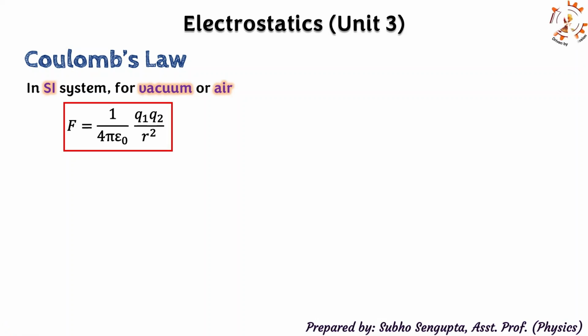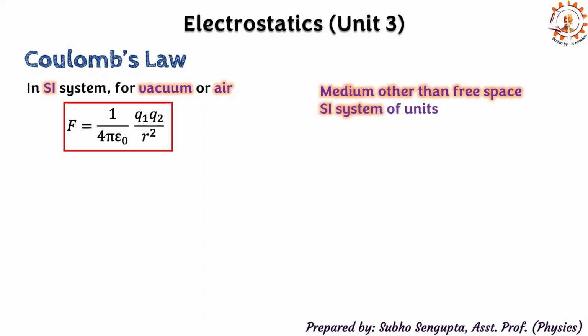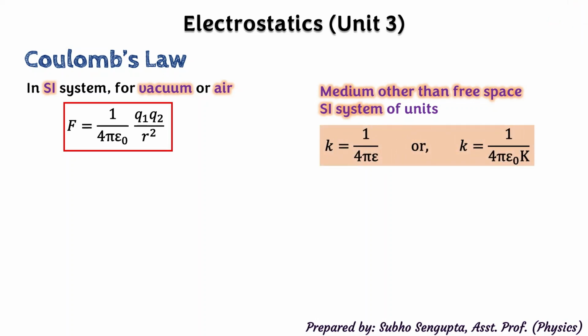When the 2 point charges are situated in a medium other than vacuum or air, and the SI system is chosen, the Coulomb constant k can be expressed in the following two ways. The first one is k is equal to 1 upon 4 pi epsilon. We can also write k is equal to 1 upon 4 pi epsilon 0 K. Note that the letter K in the denominator is uppercase K.